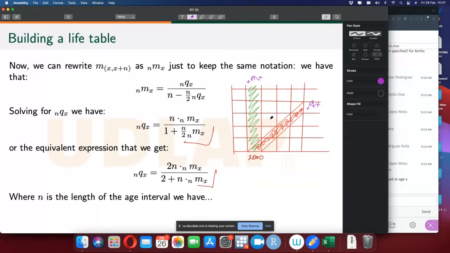By doing this approximation, or everything that we have done so far, we are moving from having this information in a cross-sectional perspective to a longitudinal analysis, from the observed population to my hypothetical cohort. So that's what we are going to do.